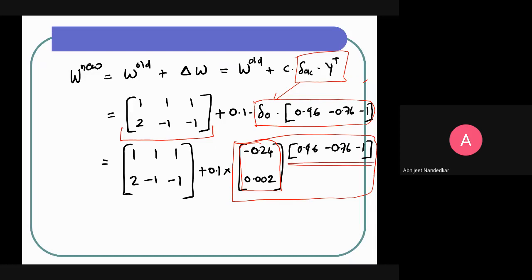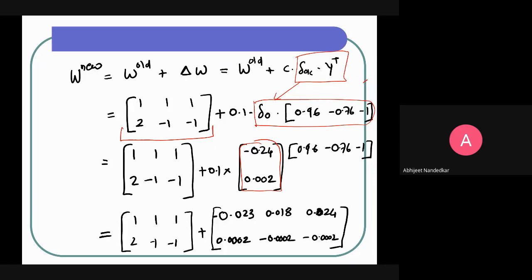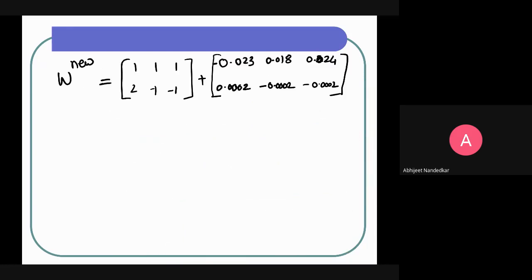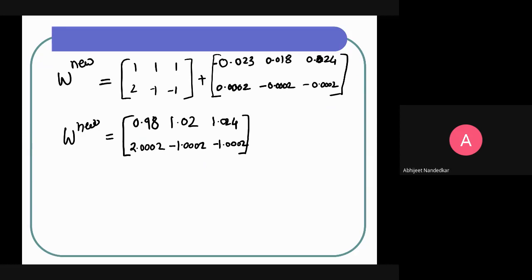Input means the input of the output layer, which is the output of the previous layer suffixed with -1. This gives a matrix of the same size so that you can add immediately. And this is your W new, the updated weight of the output layer.